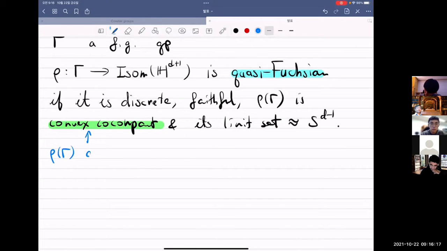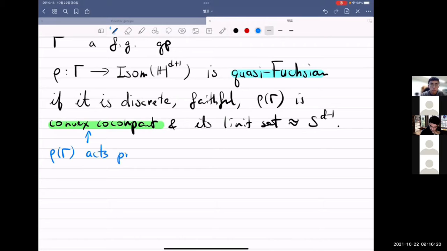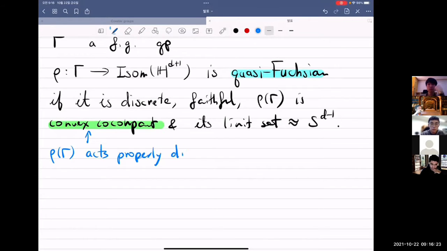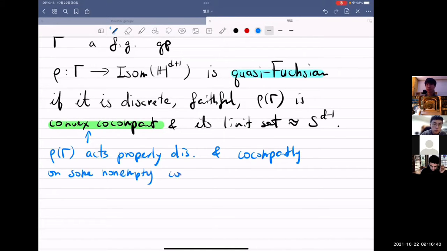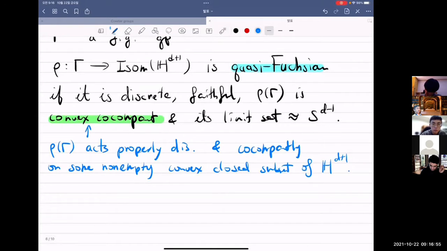The image acts properly discontinuously and co-compactly on some non-empty convex and closed subset of the hyperbolic space, the d+1 dimensional hyperbolic space. That's the definition of convex co-compactness in hyperbolic space.